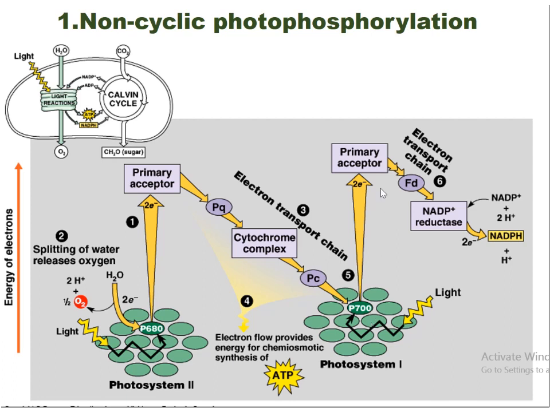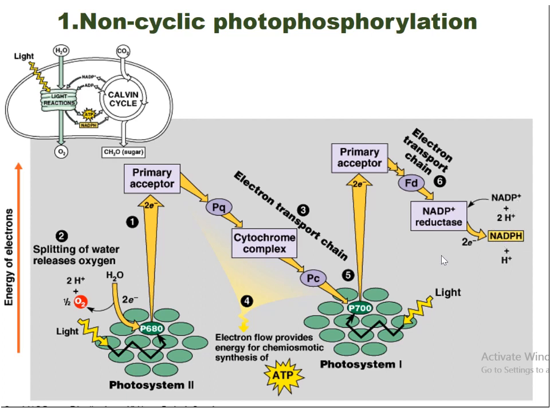Okay, and this time the primary acceptor receives these 2 electrons, and then it passes these electrons to the ferredoxin. Okay, the ferredoxin then transfers these electrons to NADP reductase, and this NADP reductase enzyme, with the help of the proton ion, reduces NADP into NADPH2.